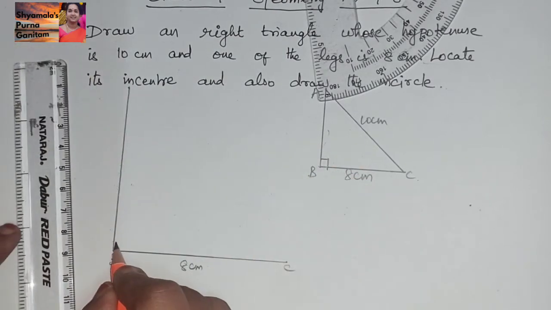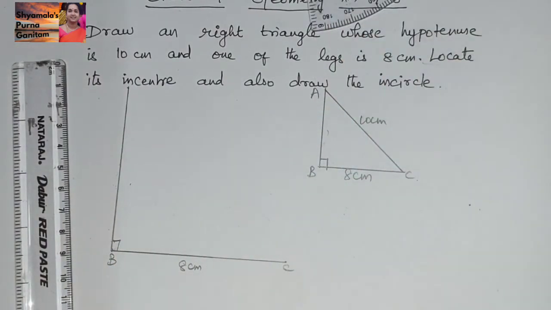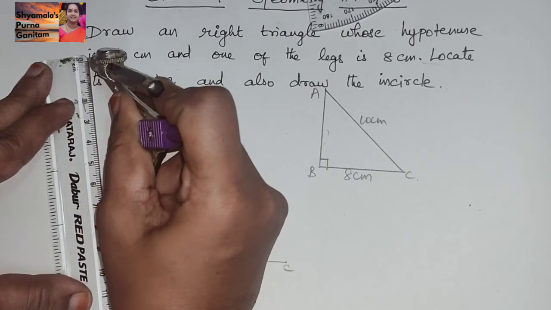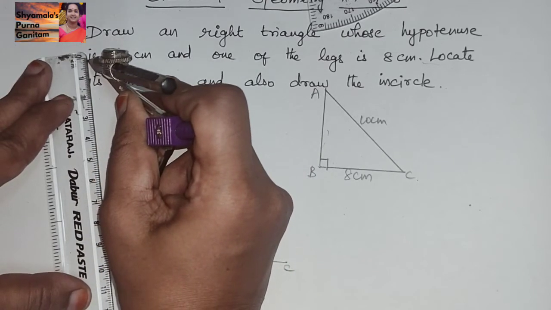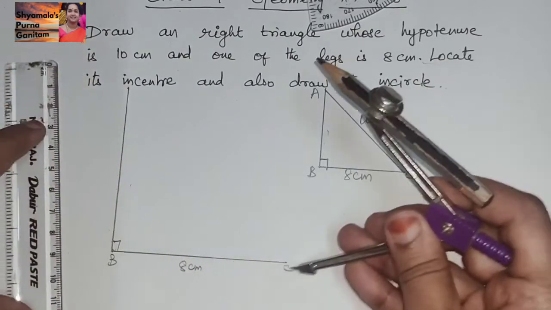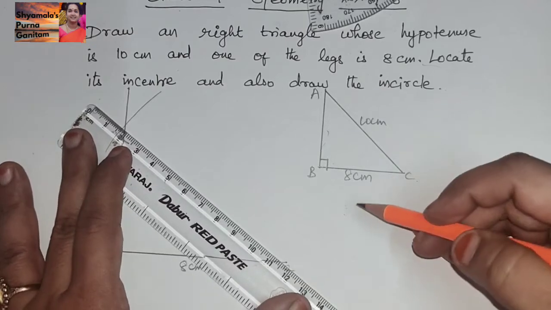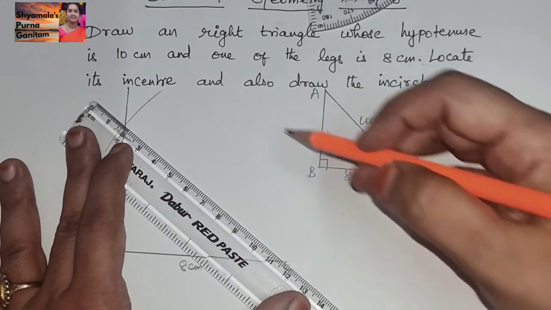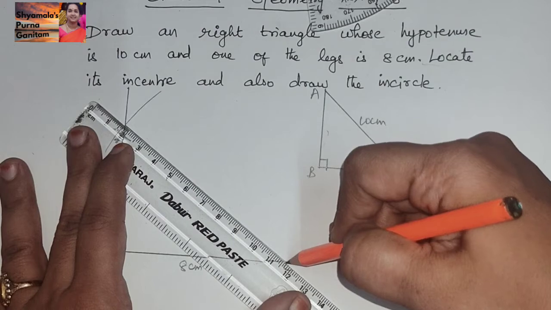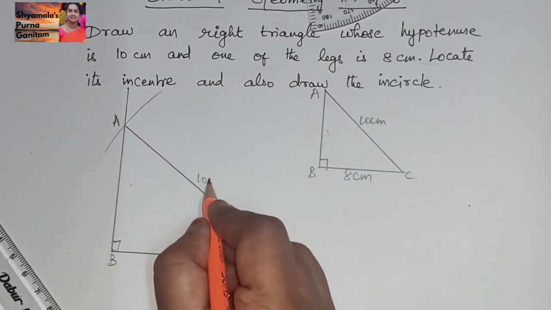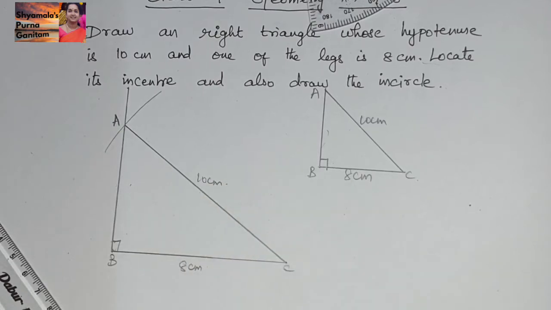Then hypotenuse is given as 10 centimeter. So 10 centimeter we will take with C as center, and cut an arc to get the vertex A. So AC is the hypotenuse with 10 centimeter. So we have constructed the triangle with the given measurements.